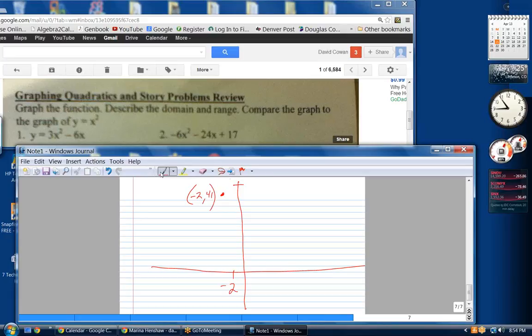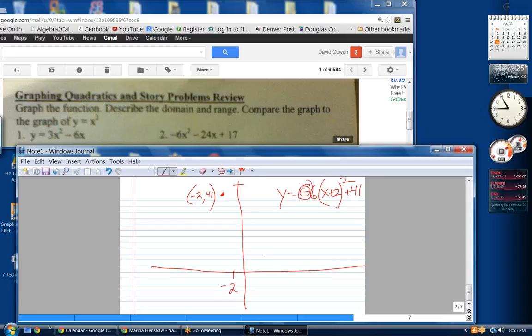Which way does this parabola go, up or down? Remember, it goes down because that a is a negative number. This negative sign says that it goes down. When I graph that, the very first thing I look for after I found the vertex, I found the vertex, but I don't know if it goes up or down until I look at this negative sign.